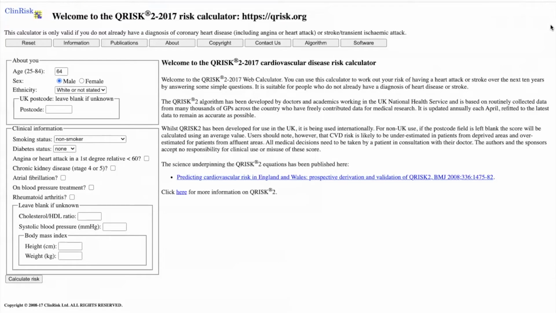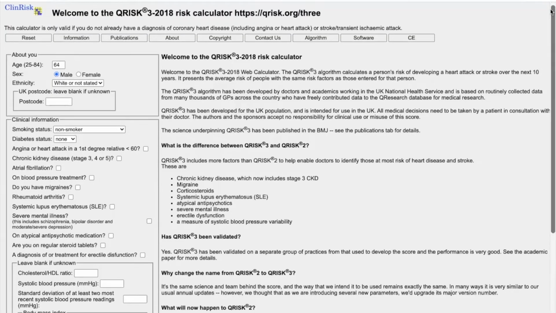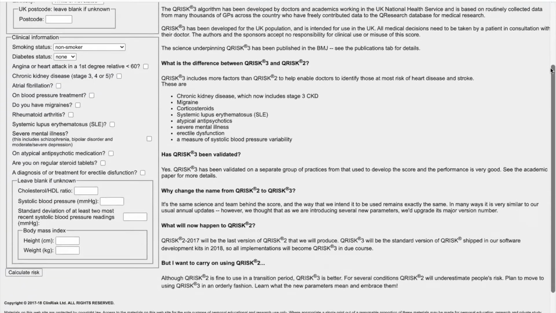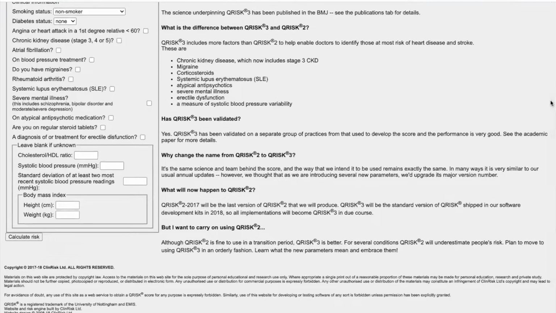The second tool I'm going to talk about is the QRISK score. So this tool or algorithm predicts a person's 10-year CVD or cardiovascular risk. It is important to mention here that this is just an estimate. And like the above, there are different versions available and they are updated. So QRISK 3 is the 2018 version and it is used for patients between the ages of 25 to 84.